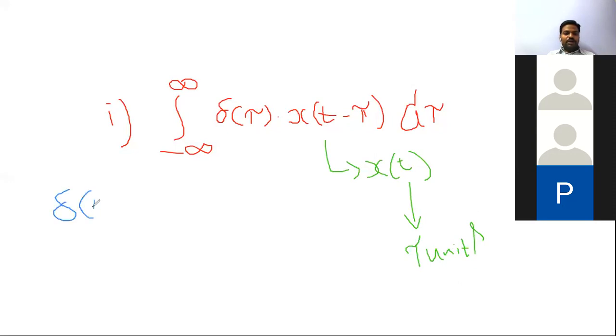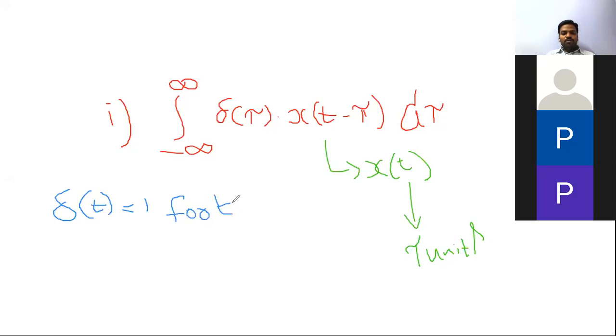Delta of t is equal to 1 for t is equal to 0. That means the impulse signal has amplitude only at t is equal to 0, and it is equal to 0 for t is not equal to 0. Understand?